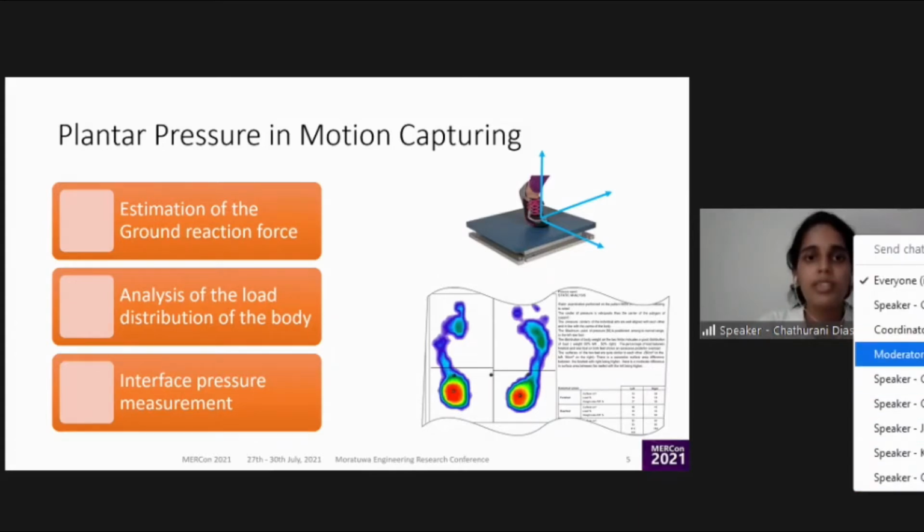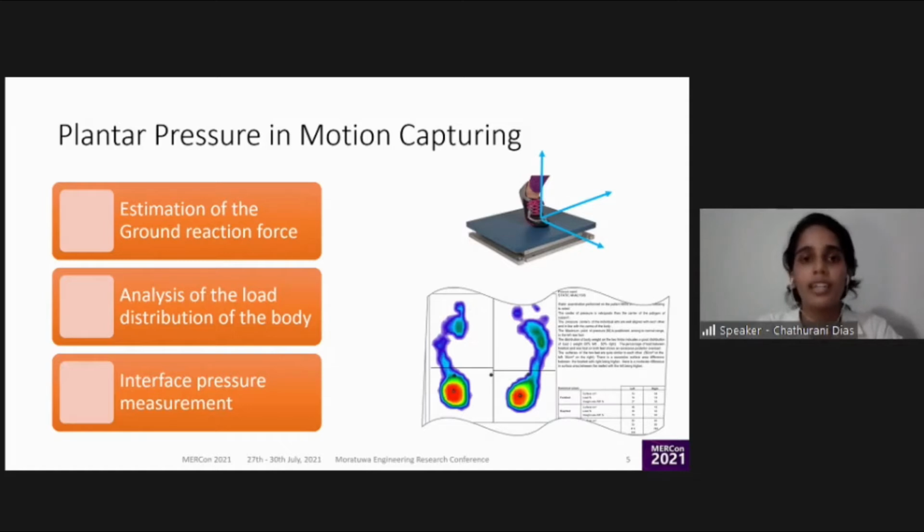As described, the measurement technology requires expensive lab setups and expensive force plate equipment. Recent research has shown that when we combine the plantar pressure profile data with the acceleration data of motion, we can pretty well estimate the ground reaction force.